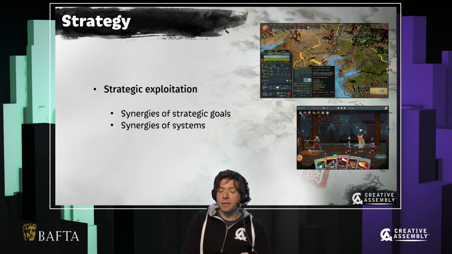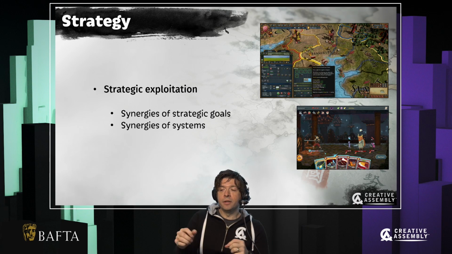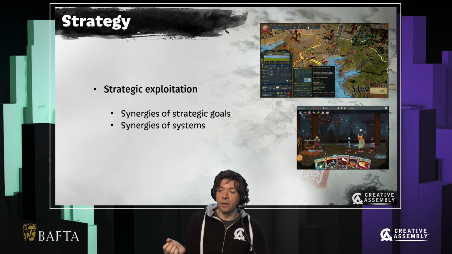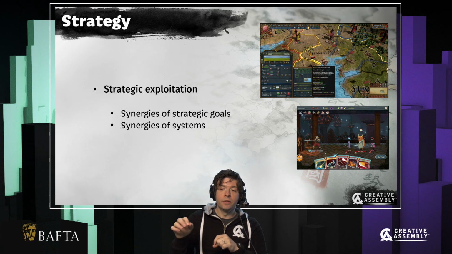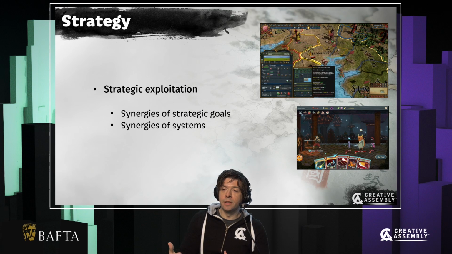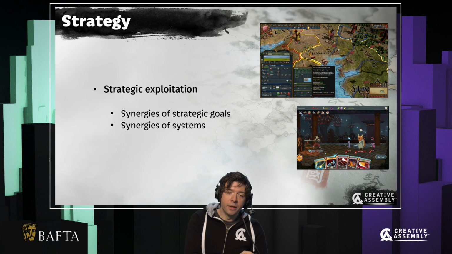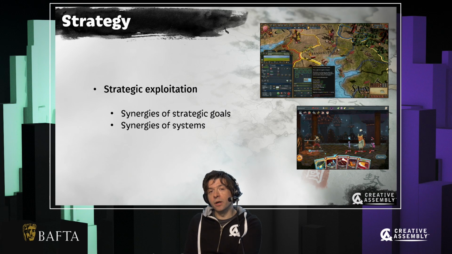Strategic exploitation is then about how there are synergies between achieving multiple strategic goals. A very good example are the Paradox games, who usually do this really well, where mastering certain subsystems will create strong synergies, and it's almost required to build these synergies to be really successful at the game. Another cool example is from Slay the Spire, where the items you find or purchase synergize really well with your deck of cards.